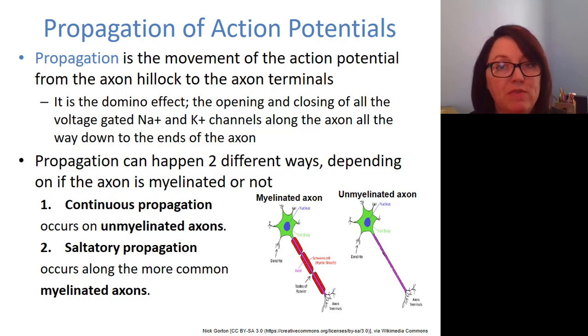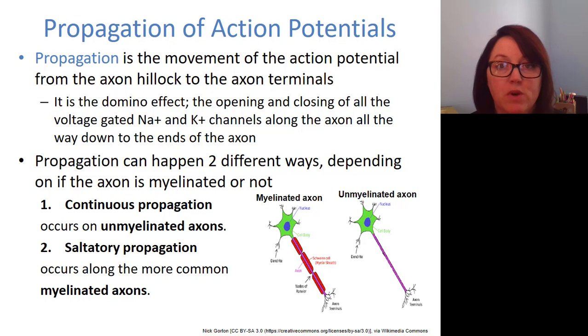There are two types of axons that we can use. A myelinated axon, and that's an axon that has those myelin sheaths on them that we talked about way in the beginning of our neural activity section. And then we have axons that are unmyelinated. They have no myelin sheath around them. These two different types of propagation are referred to as continuous and saltatory propagation.